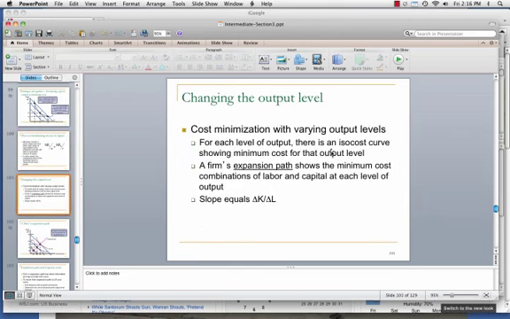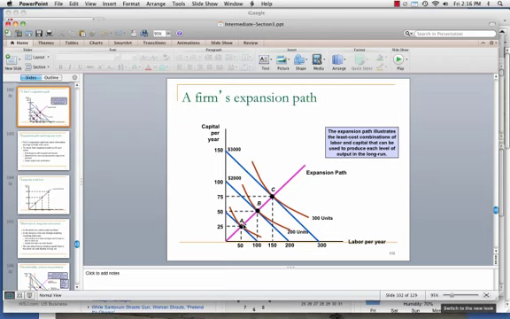And what we can do is combine all those points and create what's called an expansion path, which would combine all of the cost minimizing combinations of labor and capital for each unit of output. And you see that here. If you remember back from the earlier section, this would be the equivalent of the price consumption curve.